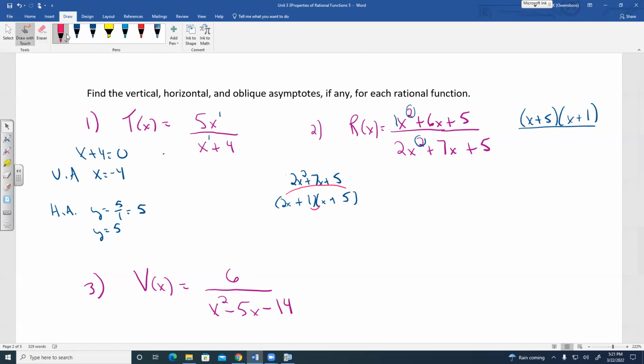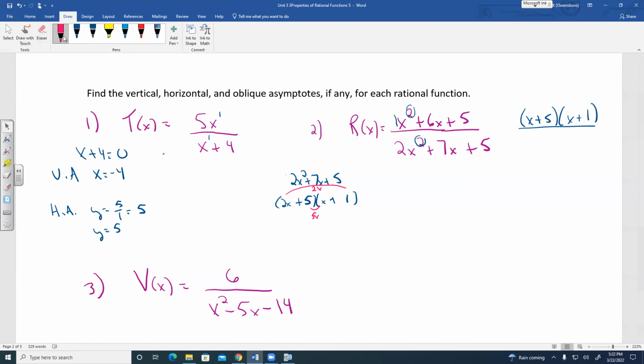So let's move the 5 and 1 and see if that makes a difference. Let's switch the places of the 5 and 1 because that makes another possibility. So if I put the 5 here and the 1 here, the outer terms give me 2x, the inner terms give me 5x.